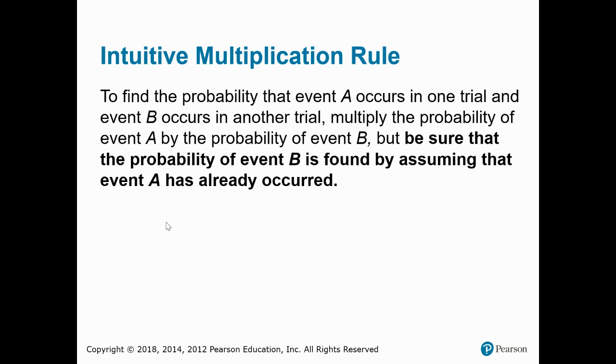Like, if you're talking about the deck of cards and I ask you to draw 2 cards, well, are you drawing one card, looking at what it is, maybe writing it down, and then putting it back in the deck, shuffling them up, and then drawing the second card? Or are you pulling that card out, saying okay, I got that one, laying it down over here, and then going back to the deck?